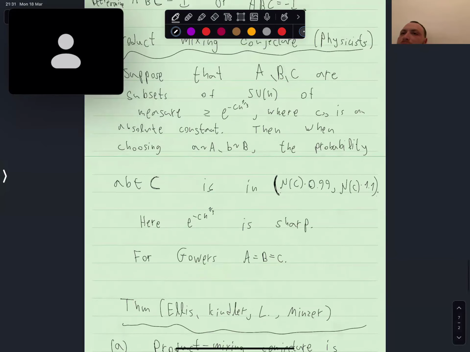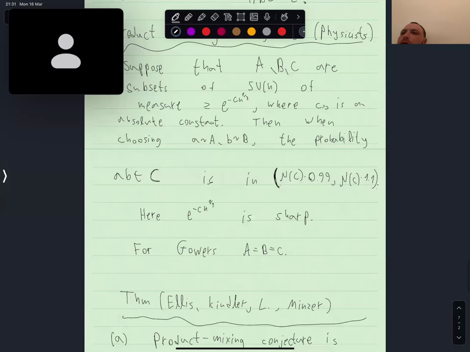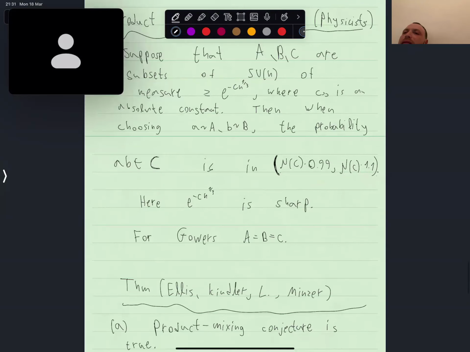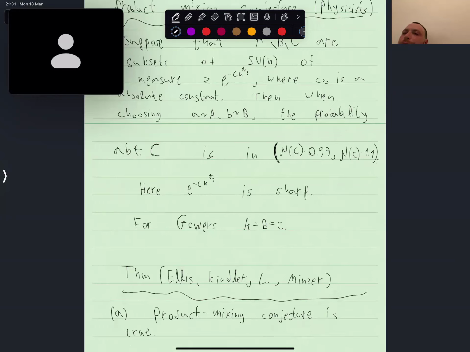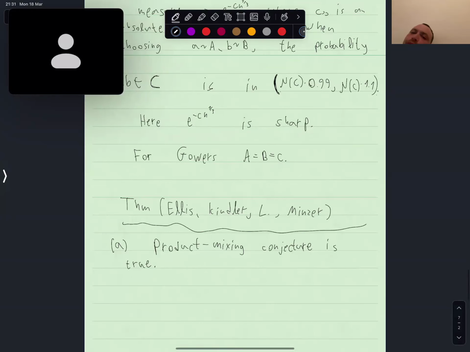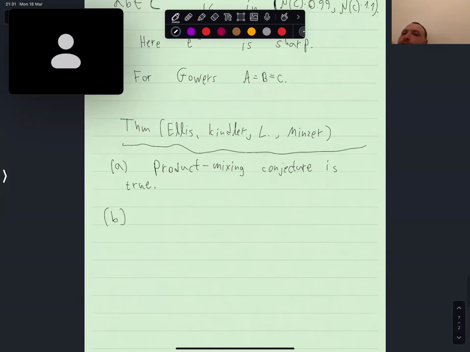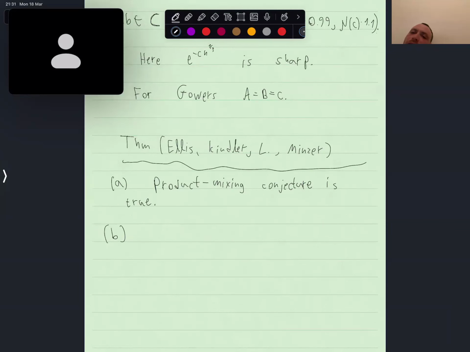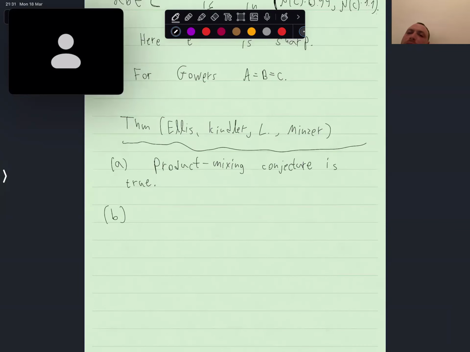So again, this implies that for every three sets of measure at least e to the minus c n to the 1/3, the probability when you choose A randomly out of A and B randomly out of B, the probability that AB is in C is roughly the measure of C. And we also proved a mixing time result. And that's also sharp and easier to explain why it's sharp.